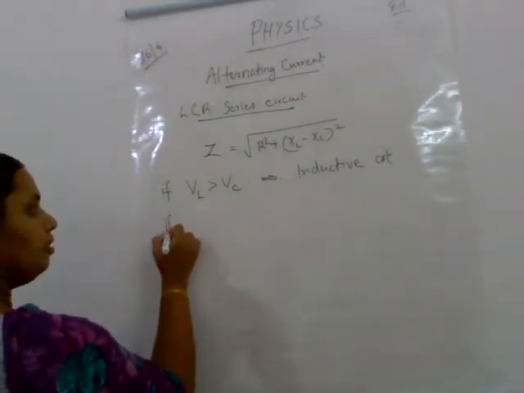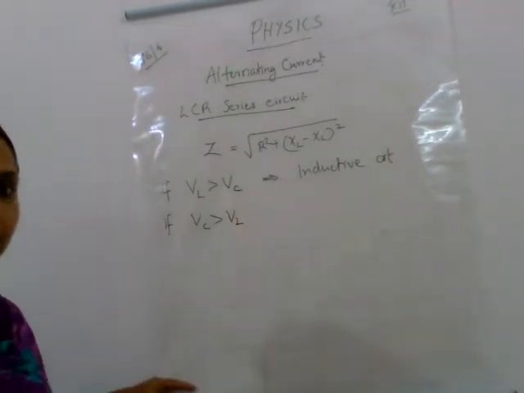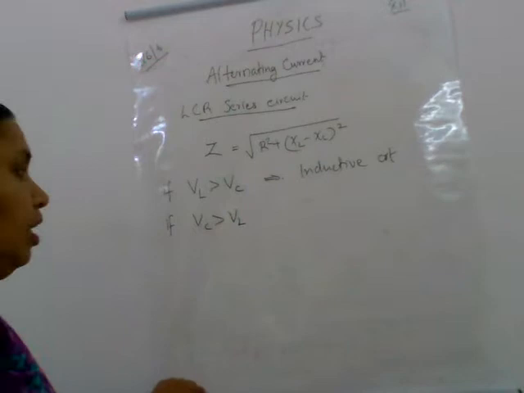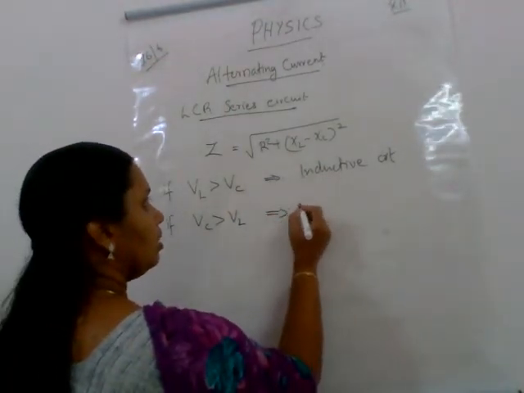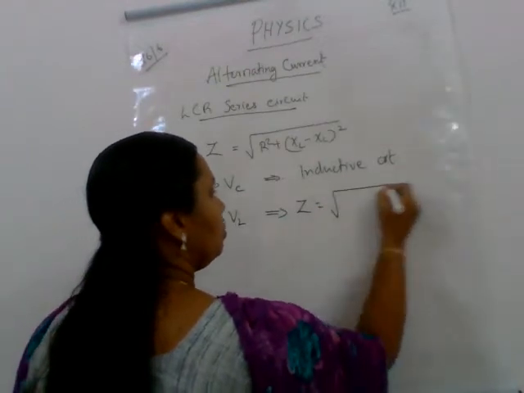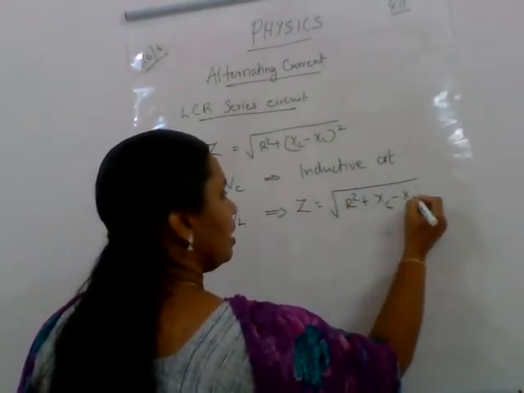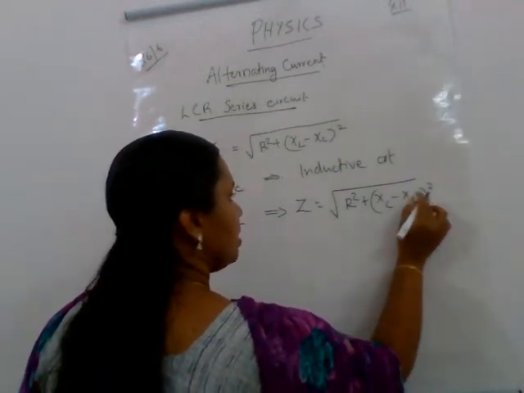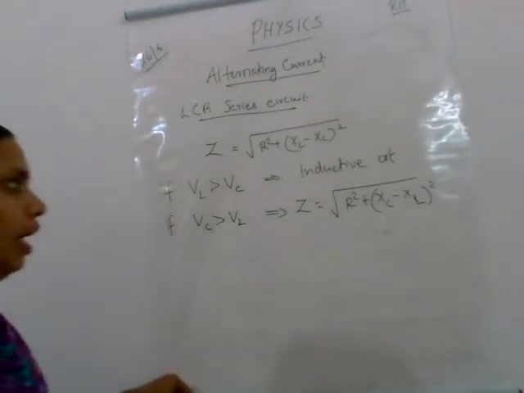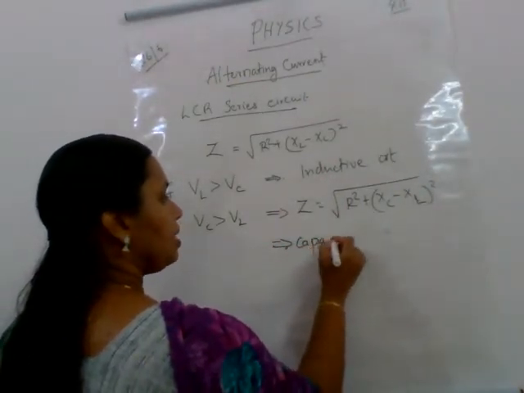And if VC is greater than VL, that is, the voltage across the capacitor is greater than the voltage across the inductor, what will be the equation? In such a case, Z is equal to root of R square plus XC minus XL the whole square, and that circuit will be known as a capacitive circuit.